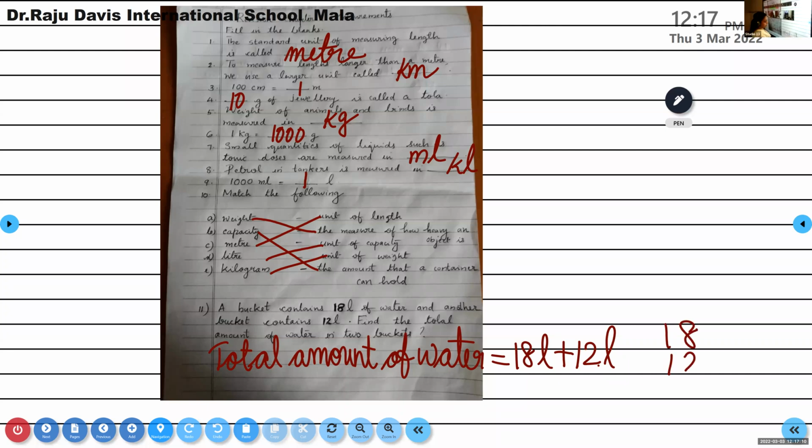Please add and tell me the answer. 30 liters. 8 plus 2 is 10. In the 10 we will write 0 here, and 1 we will carry over to the tens place. Now we are adding all the tens place numbers. 1 plus 1, 2, 2 plus 1, 3. So the answer is 30 liters. And can we write it like this, 18 plus 12 liters equals 30 liters? Yes.